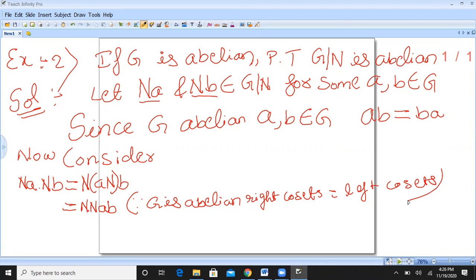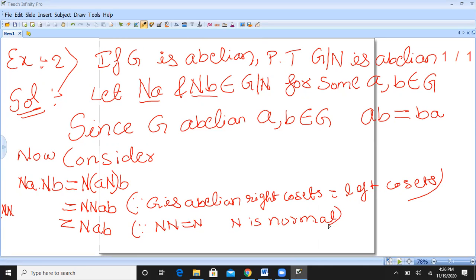So N into N is equal to, what is the property? N into N is equal to only N. So N ab, because we know that N is normal, N into N is N. So we write N is equal to N.